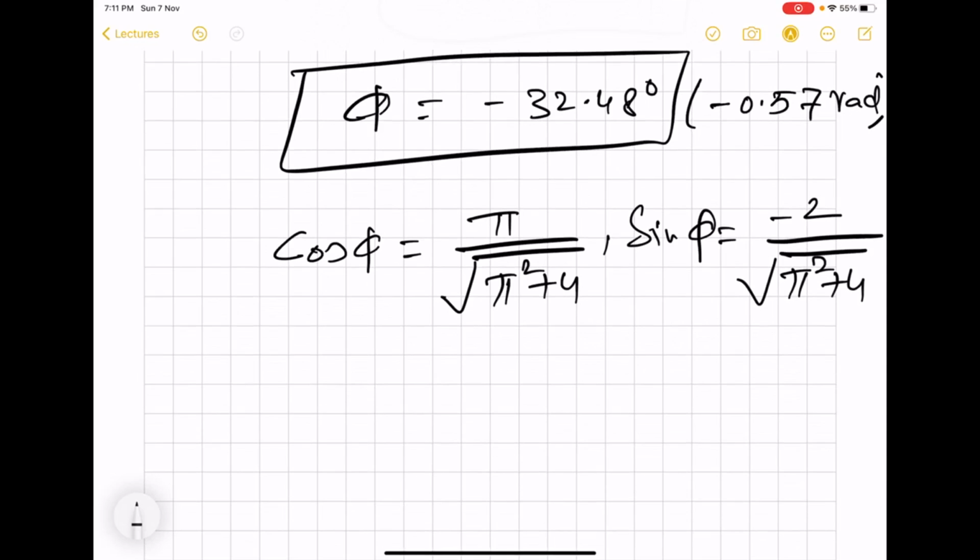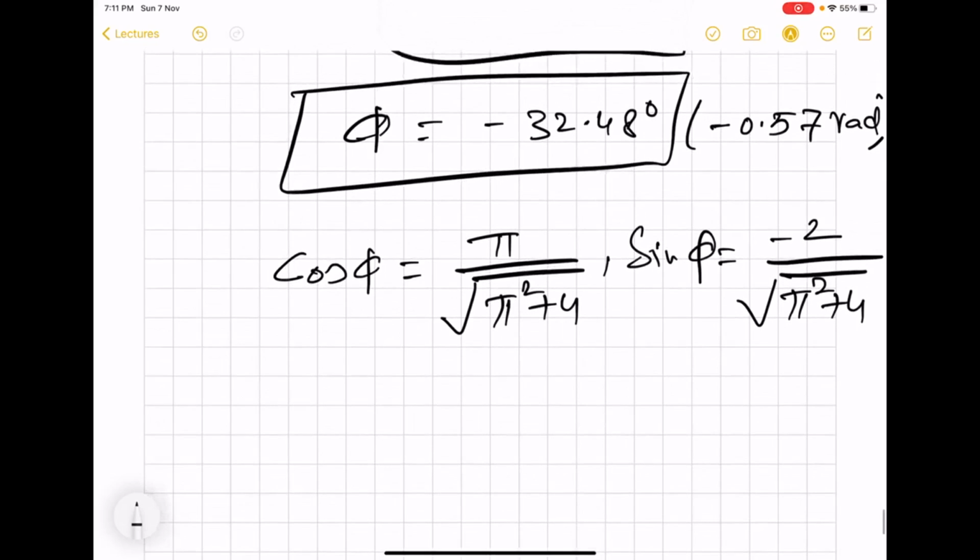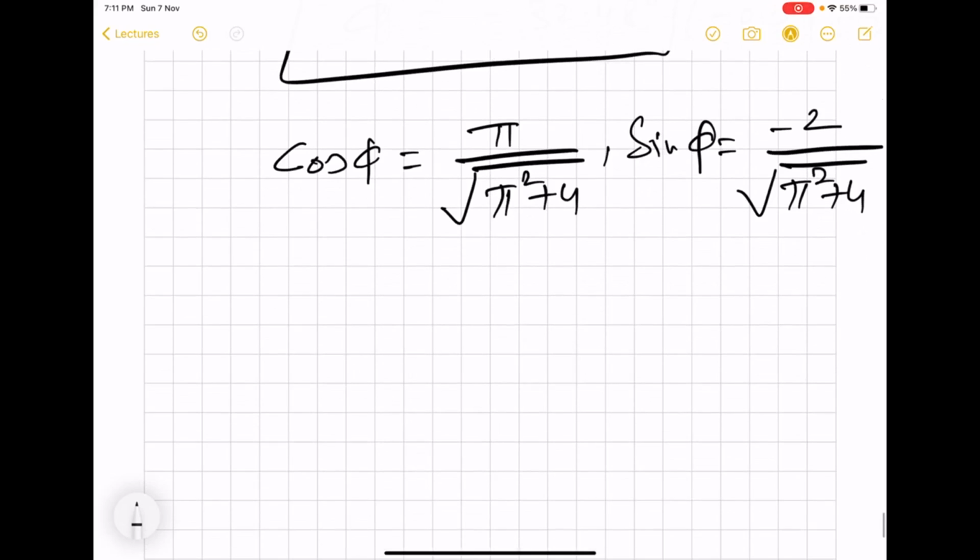So with this, we can rewrite the expression for the current and voltage waveform that will get modified. So we can write the expression only for the total current, because part of this is IS and IC1.